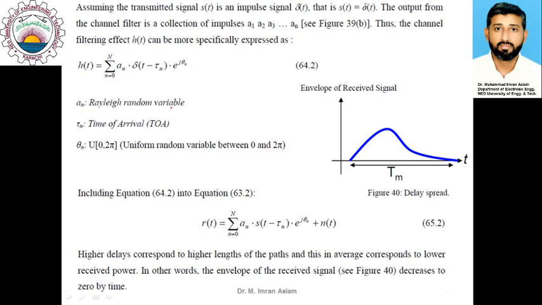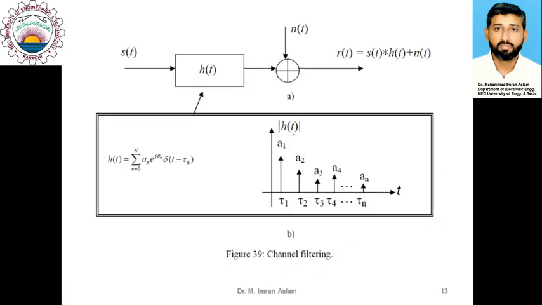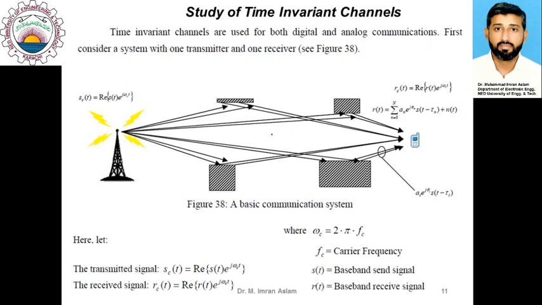One important thing that you should note is that the time of arrival is a random variable, so there are different times of arrival which exist. Generally, if you observe a longer time of arrival duration, a high value of tau n represents a longer delay.